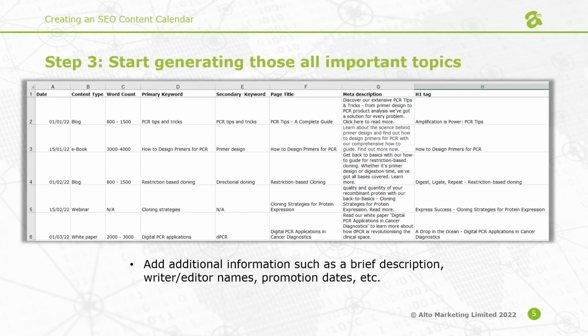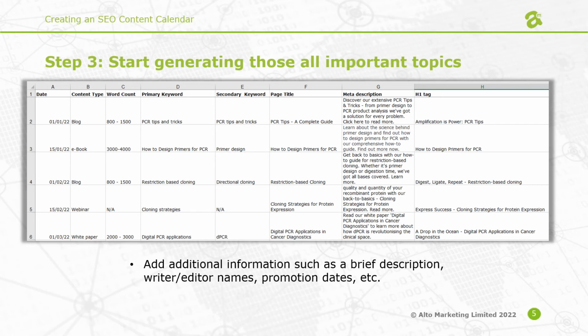And then you start building out your page title and your meta description. A good meta description will feature within the search engine results pages. So don't forget to include a call to action, which will help increase click-through rate. And then we have the H1 tag, which is usually the primary title on the page once you land on the page. And then you can add additional columns, such as we do here at Alto, a brief description of the content.